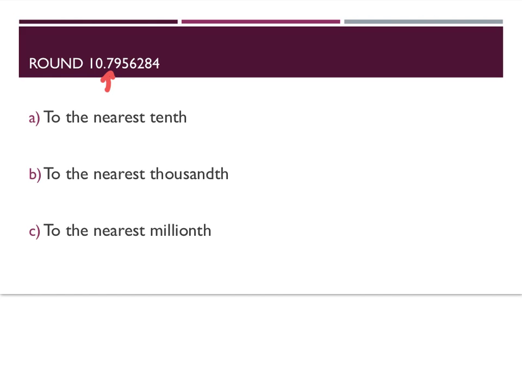Everything to the left of the 7, no matter which side of the decimal point it's on, stays the same. 7 is either going to stay 7 or it's going to round up to 8. If I look immediately to the right, I have a number that's 5 or more, so I'm going to round that up to 8. And everything else to the right of the decimal point just drops off. So if I round this to the nearest tenth, I just stop with 10.8.